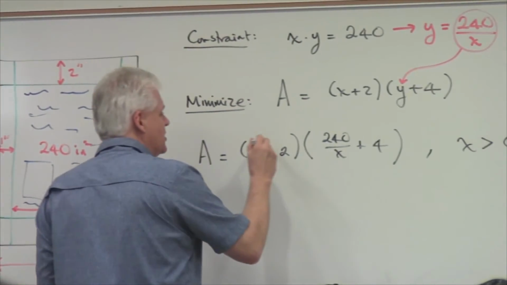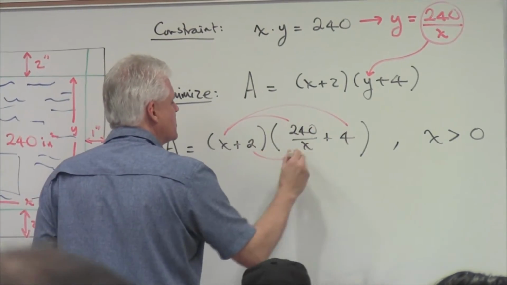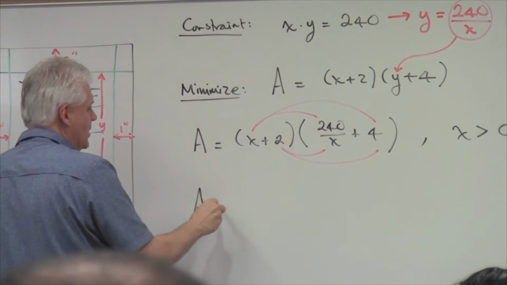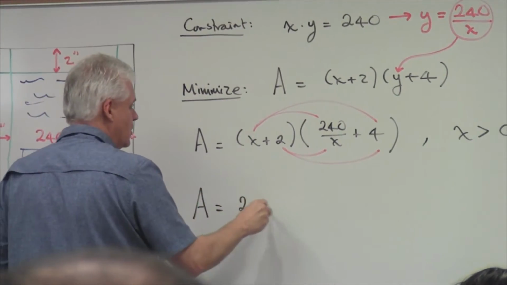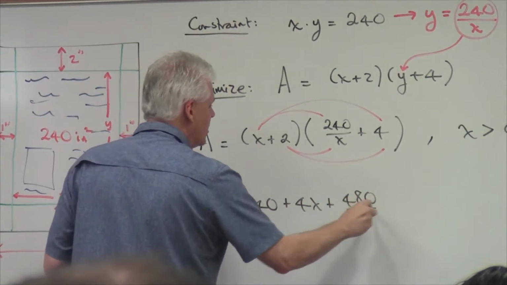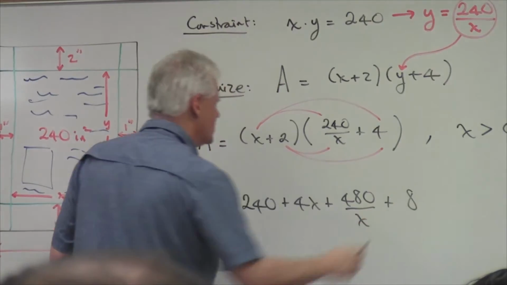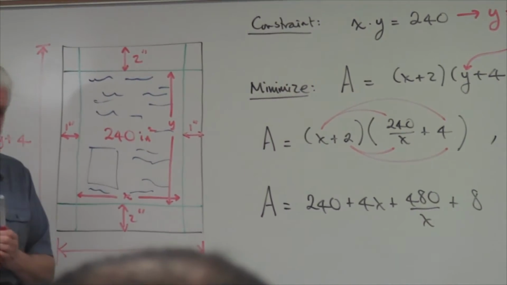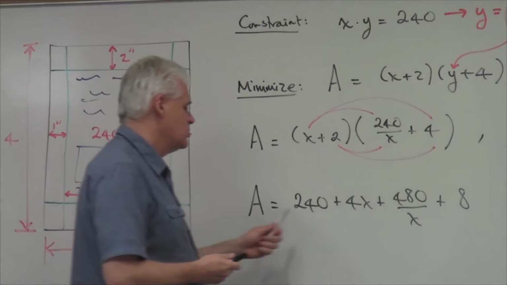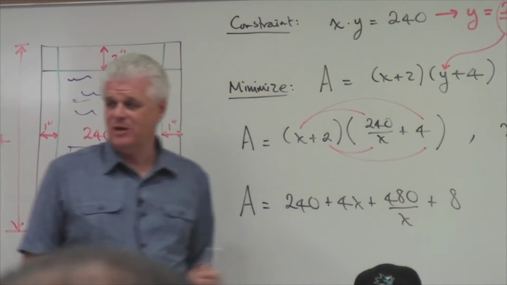So let's get multiplying this out. Let's expand it. And we get that A is 240 plus 4x plus 480 over x plus 8. Is that right? If you use FOIL on that? Obviously the 240 and the 8 go together and make 248.